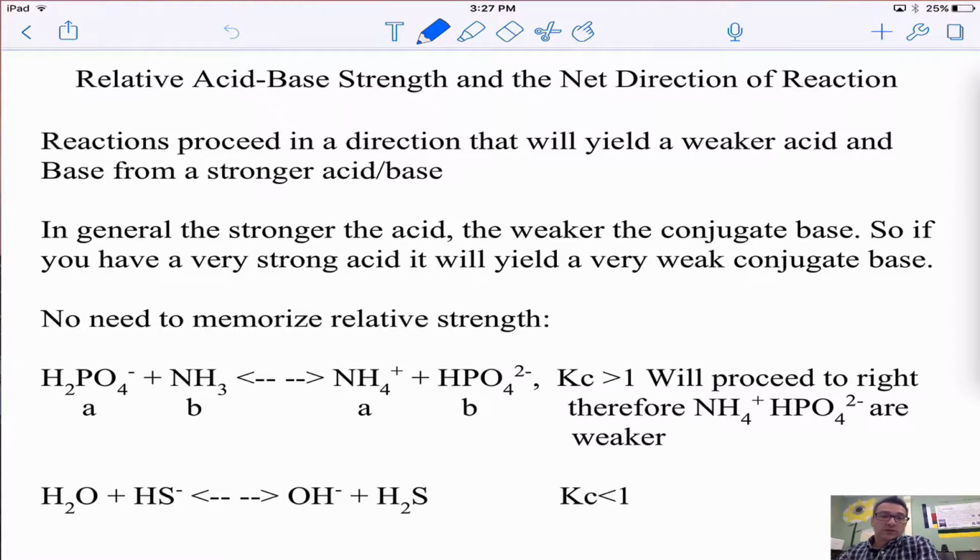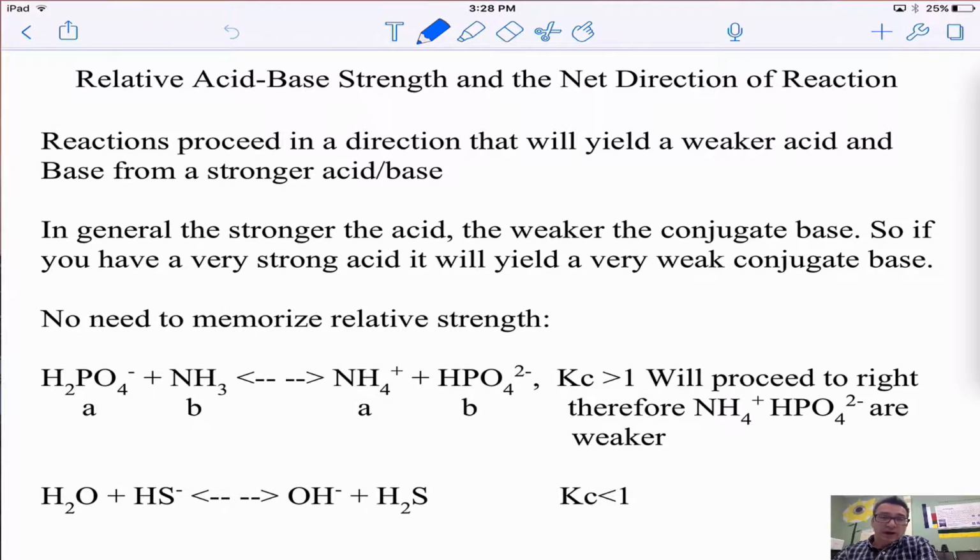Something that's important before we get into that: when you deal with acid and base strength, sometimes questions appear where they're asking you what's the stronger acid or base, and they're not really giving you any information except that there's a reaction occurring. The idea is that when you're given a reaction and you're not given the Kas or Kbs of the acids or bases, you can always tell by what the K value of a specific reaction is.